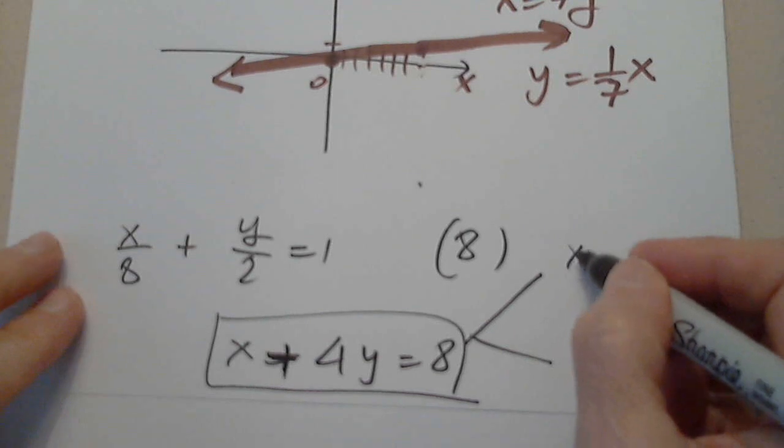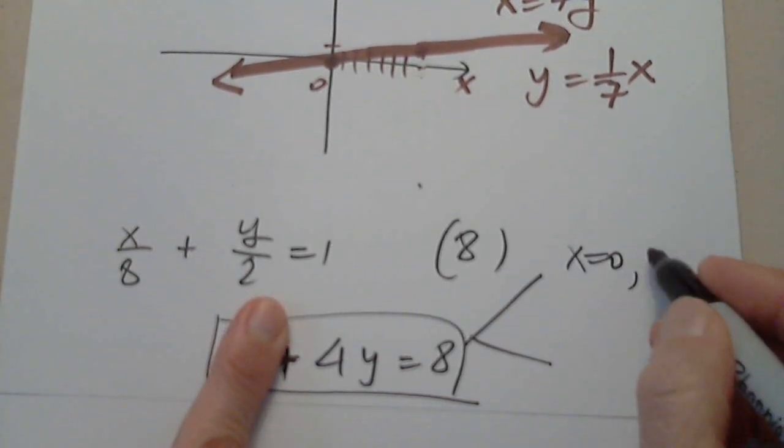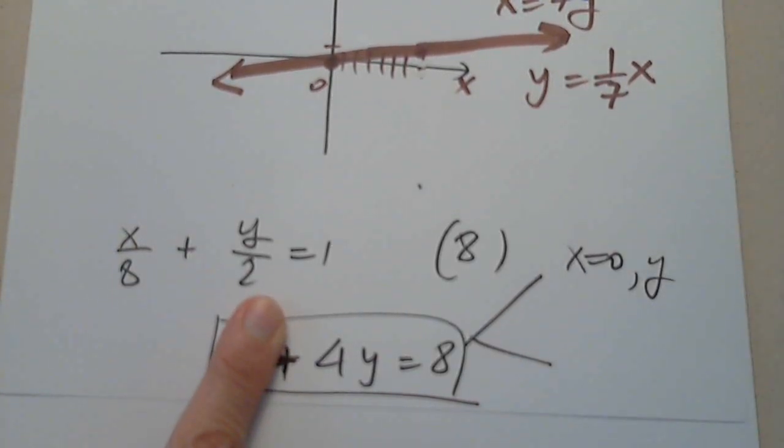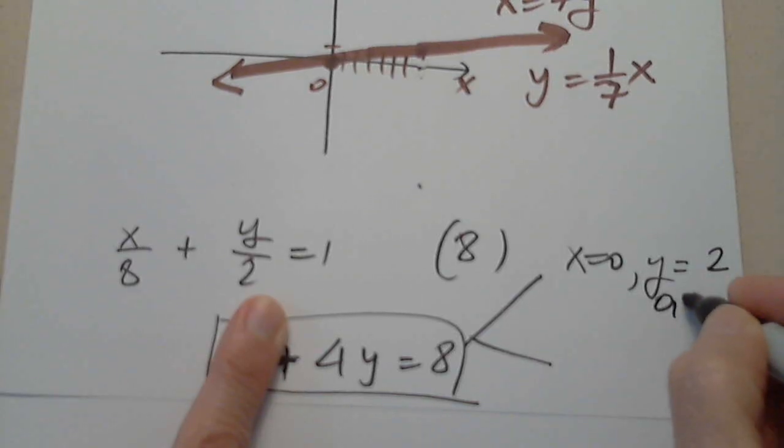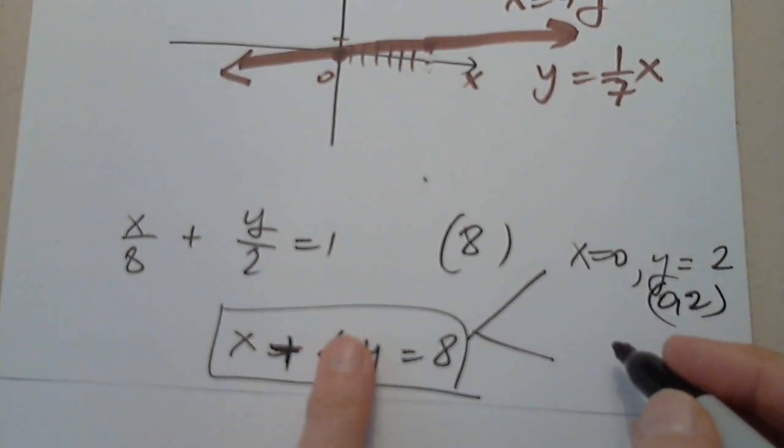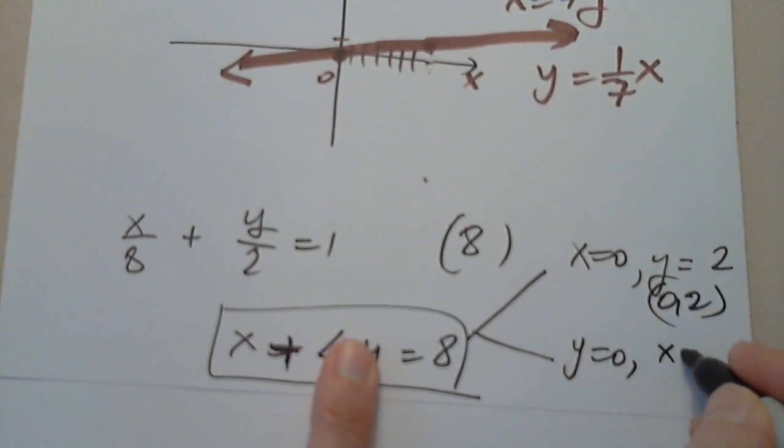And now when x is 0, how much is y? How much? 2. Very good. So 0, 2. When y is 0, how much is x?